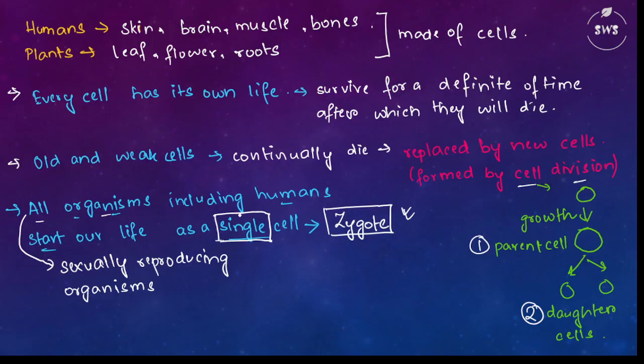We human beings are also sexually reproducing organisms, and we start our life as a single cell which is called the zygote. How is this zygote formed?